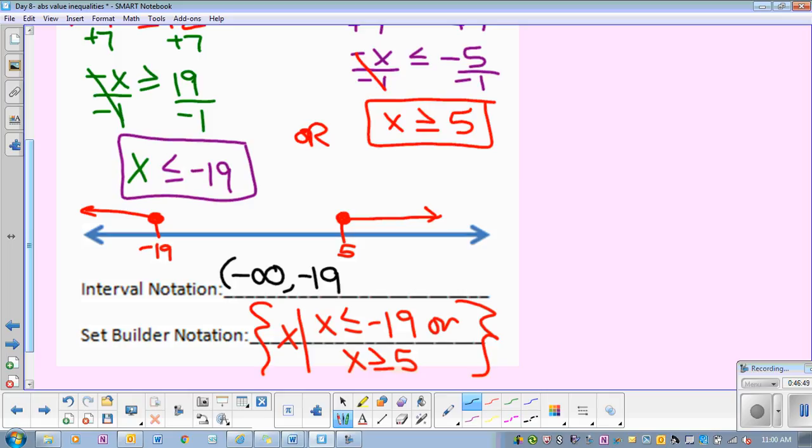Guys, a negative 19 gets a what? Close, so it gets a bracket. And then you got a U. You have another bracket with a 5. And then that goes all the way out to parentheses, yes? Okay. All right, questions?